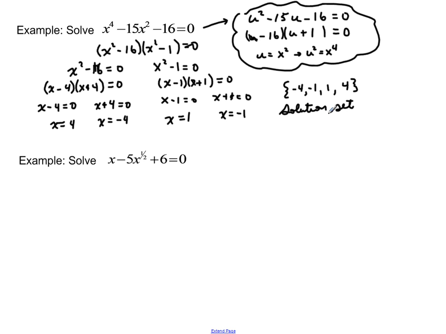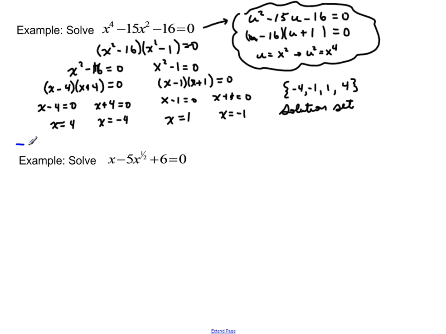Now, quick substitution into the original equation will verify that these are correct. Let's take a look at the next one, though. We've got x minus 5x to the 1/2 plus 6 equals 0.